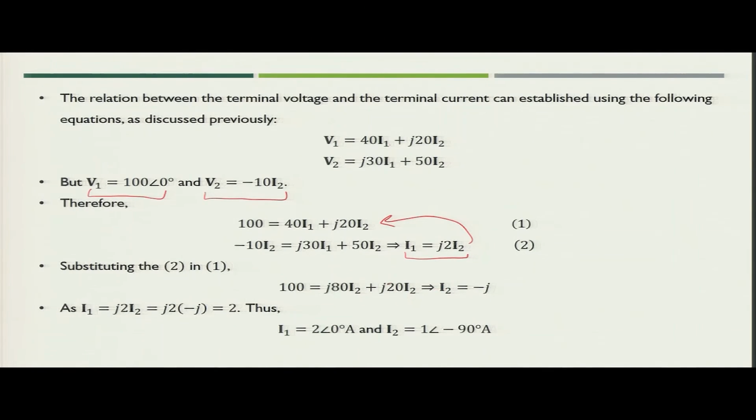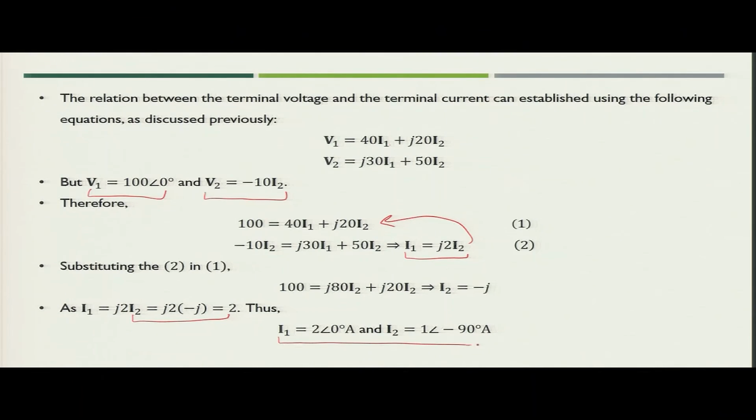Then when you simplify, you will get I2 is equal to minus j, and when you put the value of I2 in the relation which we just found, that is I1 is equal to j times 2 I2, we get the value of I1 as 2.